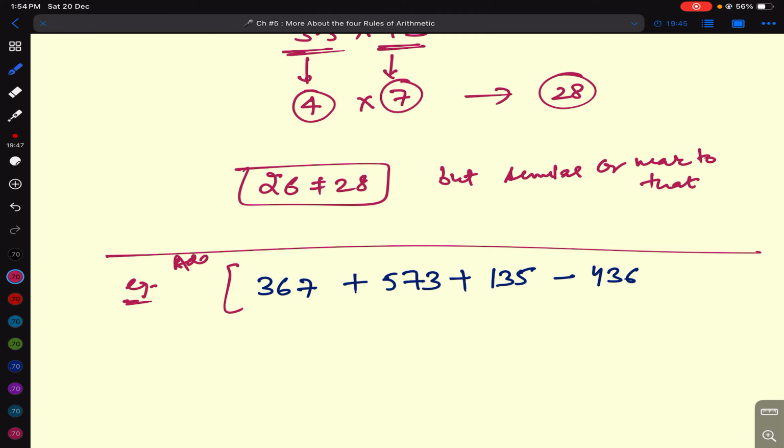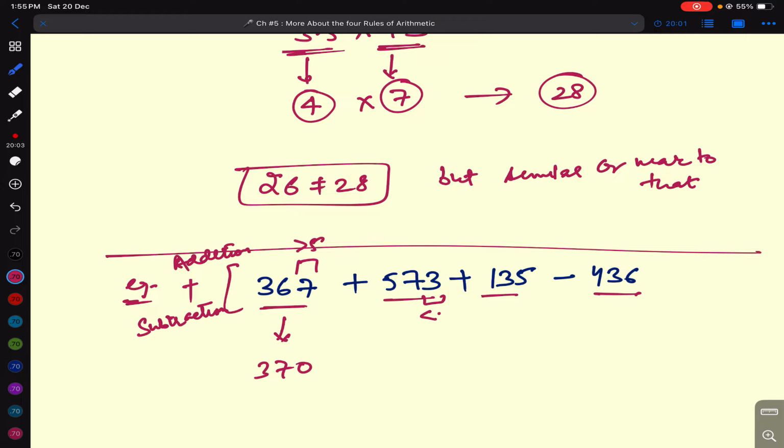So you will round off each number and then perform the operation. The last digit is greater than 5, so this will be 370. Last digit is less than 5, so this will be 570. Last digit is equal to 5, so this will be rounded off to 140, right? And the last digit is greater than 5, so this will be 440.